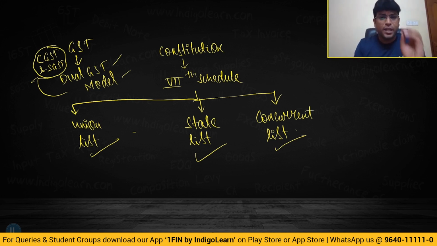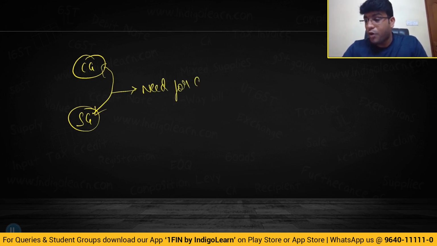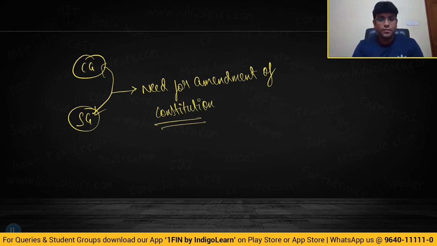Now, why did I tell this particular point to you guys? Let me tell you. My dear friends, when there were some taxes levied by the central government only, and some taxes levied by the state government only, to integrate the powers, there was a need for amendment of the constitution.